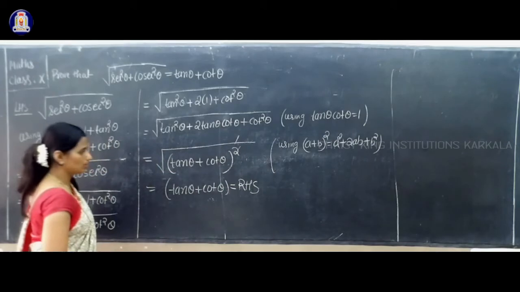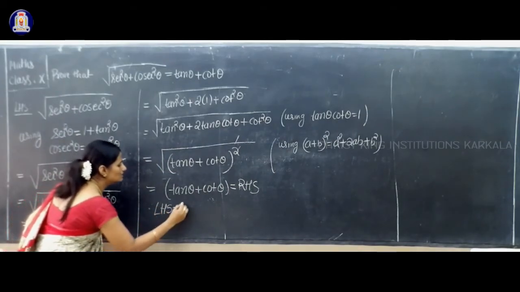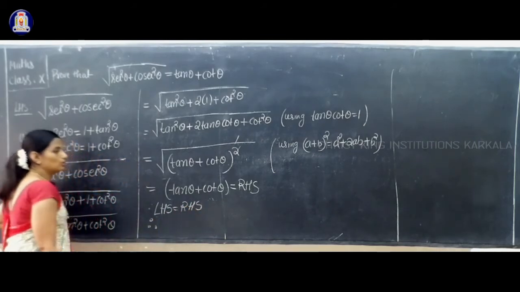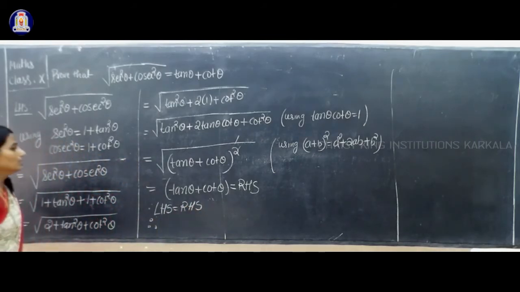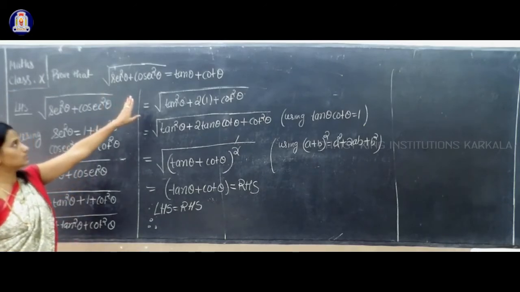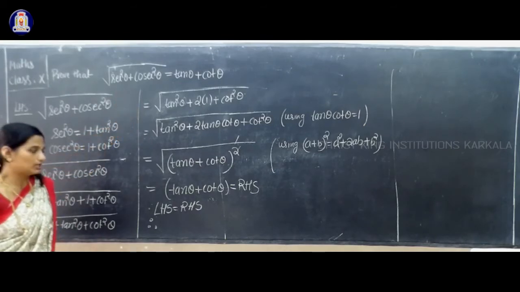So this is equal to the RHS. Therefore LHS is equal to RHS. Now write the conclusion. Therefore square root of secant square theta plus cosecant square theta is equal to tan theta plus cot theta.